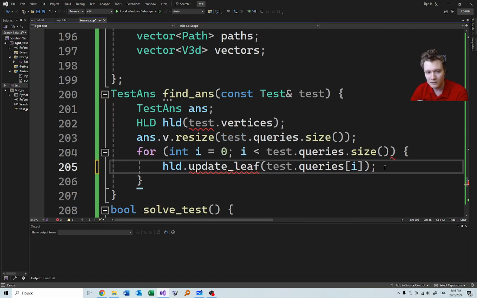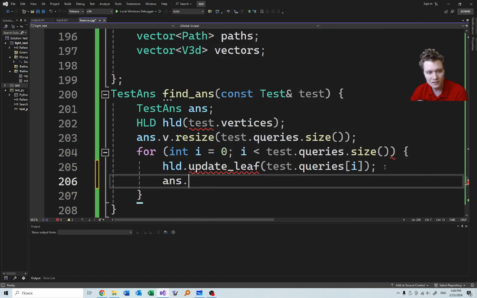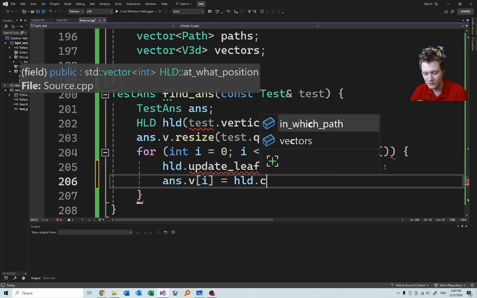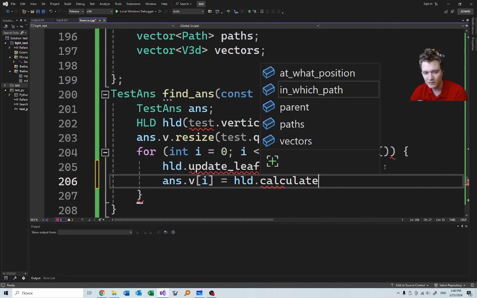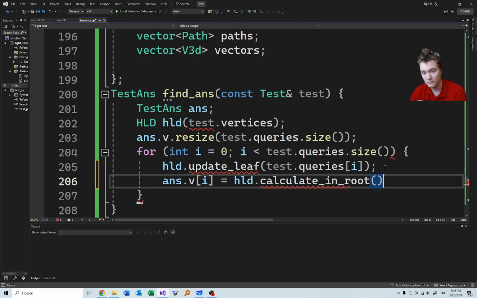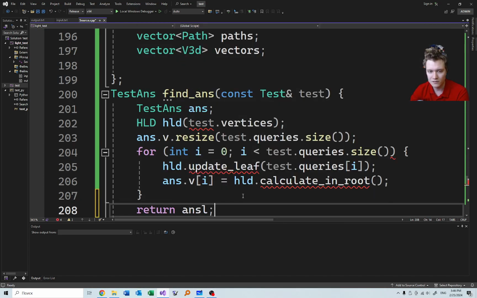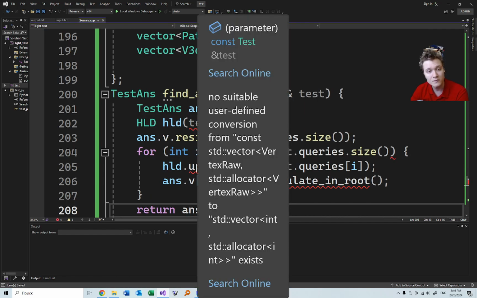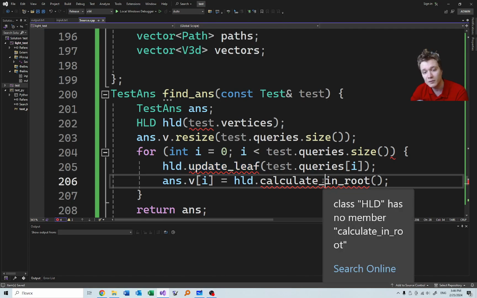And after that, we need to say that answer.v[i] equals hld dot calculate in root, and return answer. So we need three functions: a constructor, update leaf, and calculate in root.